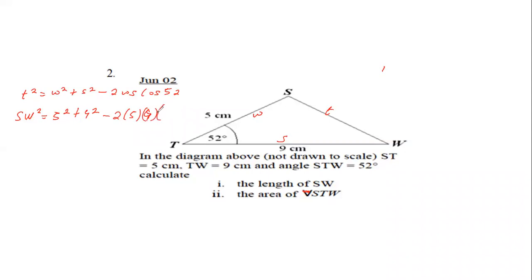What is cos 52? 0.615. Okay, so SW square. What is 5 square? 25 plus 81.